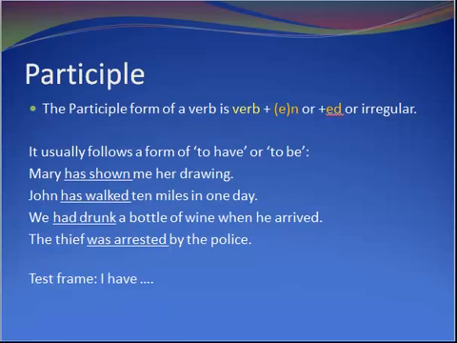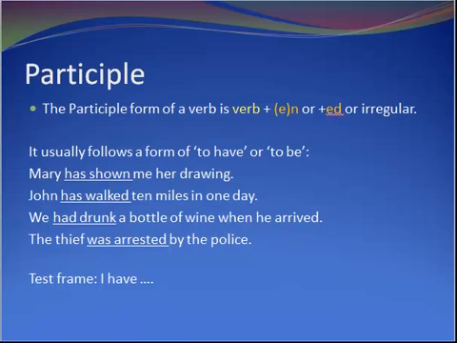To be is when it's used in a passive sentence. So something like Mary has shown me her drawing. So here it follows has, and we see that shown is show plus an N. John has walked 10 miles in one day. Again the participle follows has, and it's walk plus ed.